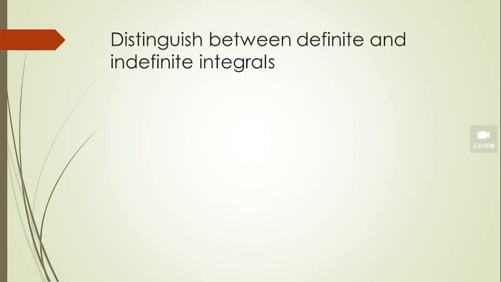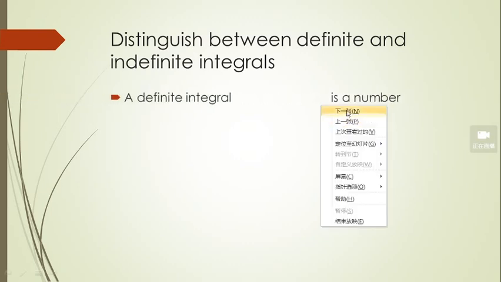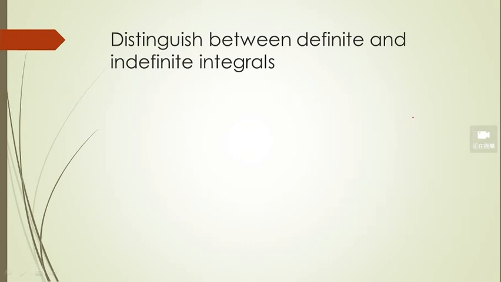Now, let's distinguish between the definite integral and the indefinite integral. Let's check the definite integral we studied. The definite integral is this one, from a to b, f(x) dx.